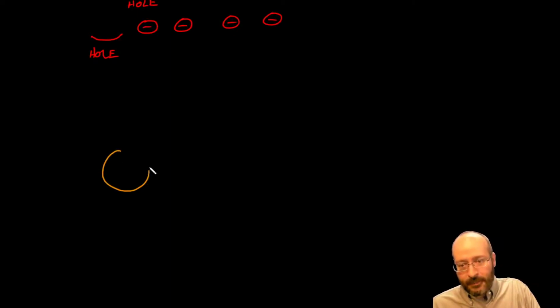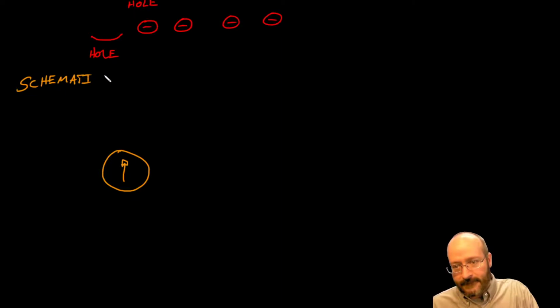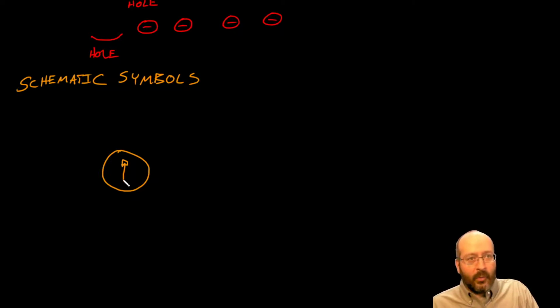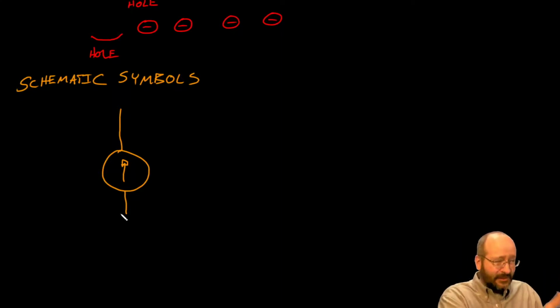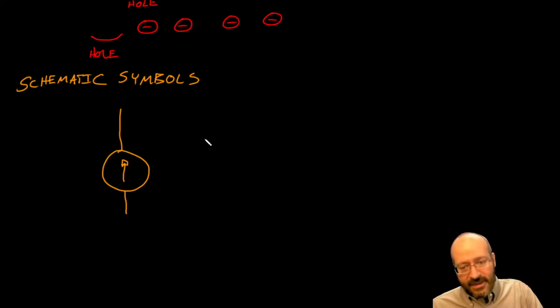So our schematic symbol for a current supply, one type is going to look like this, and this is the one that I can usually walk over to the test bench and point to, what we call a power supply, and say this is your current supply. So this symbol represents this device, and it has a red post and a black post, and I can't quite do that here.